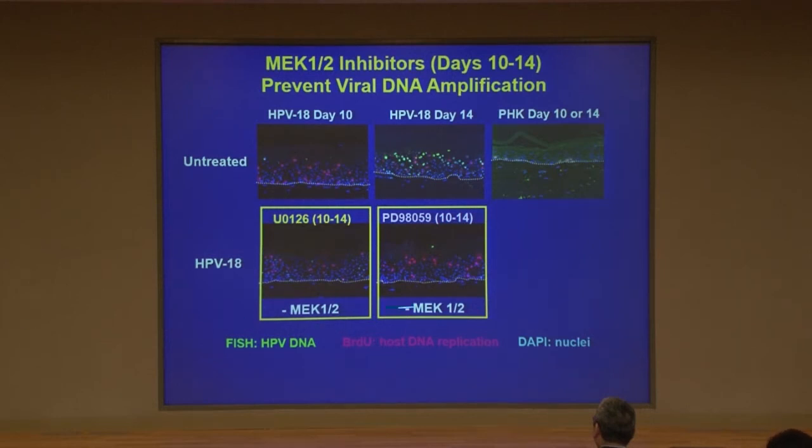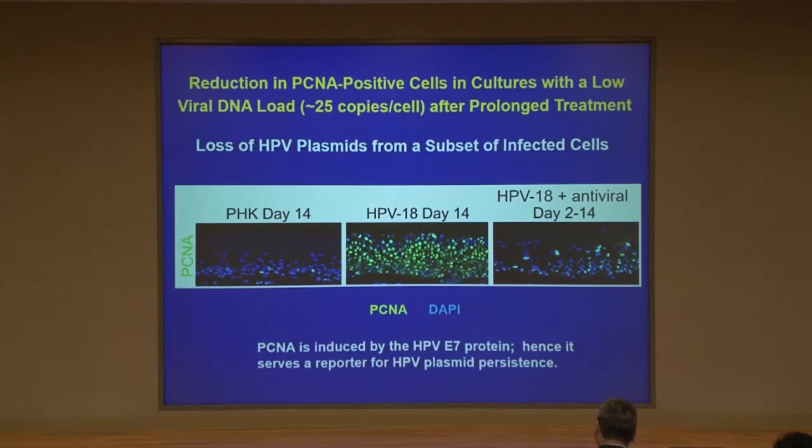You can see that both will eliminate viral DNA amplification when we treat them from day 10 to day 14. Just during the time the virus is supposed to amplify, so we eliminate it, but the host DNA is still replicating. So that means the virus is not gone, because we treated very late, when the epithelium is already established.